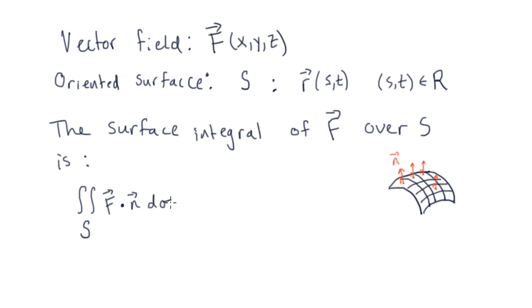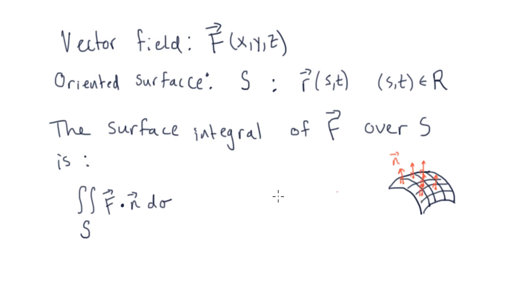Okay? So this is exactly analogous to the flux integral in the plane. Because remember, with a flux integral, we were measuring the amount of the field that was passing out of the curve. Well, what we're doing here is we're actually adding up the amount of the field that's passing out of the surface.